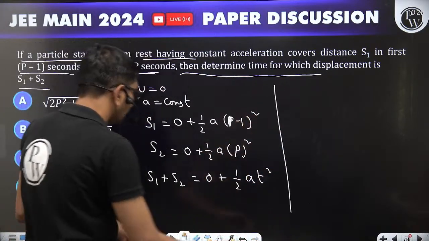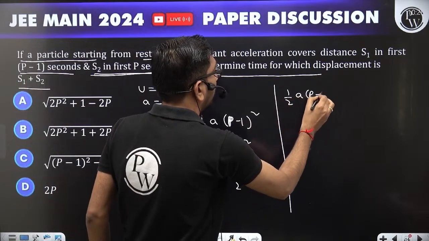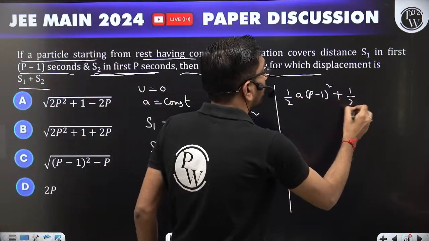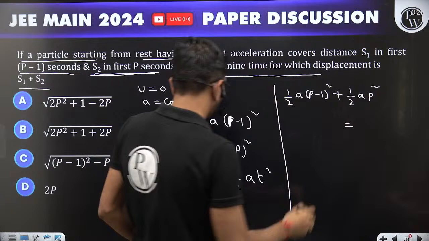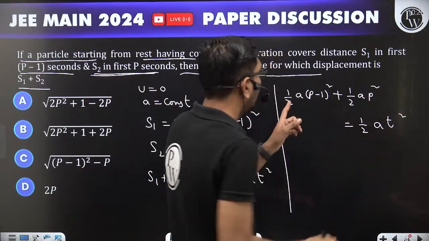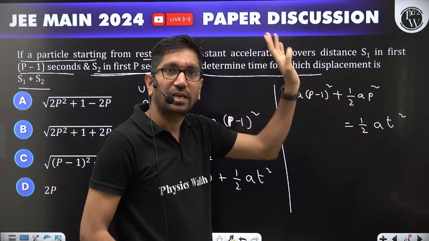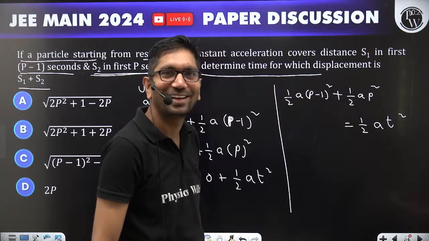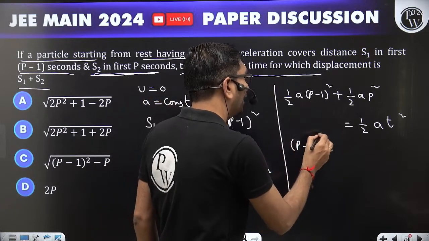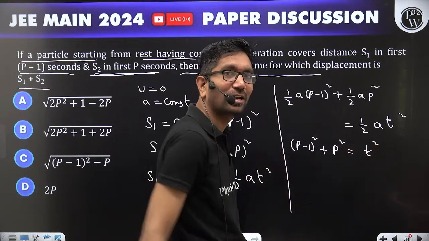Now substitute the s1 value, half a (p minus 1) whole squared, and the s2 value, half a p squared, equal to half a t squared. The half a gets cancelled. So what is left is (p minus 1) whole squared plus p squared equals t squared.